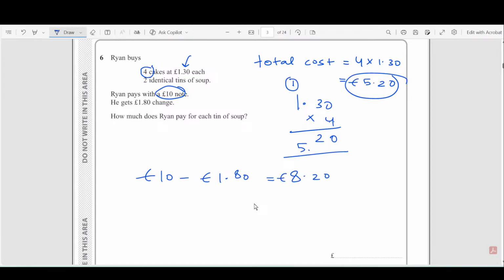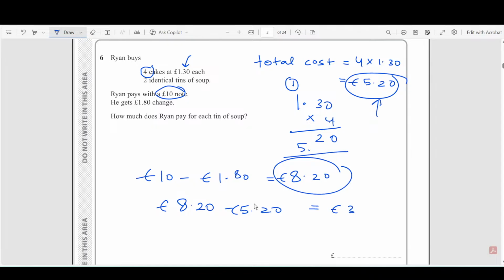Then we calculate the total cost of a tin of soup. We subtract the cost of the cakes from the total amount spent to find the cost of 2 tins of soup, right? Actually, this is the total amount spent, and now he's left with this much. So if we subtract 5.20 from 8.20, we get 3 euros, right?